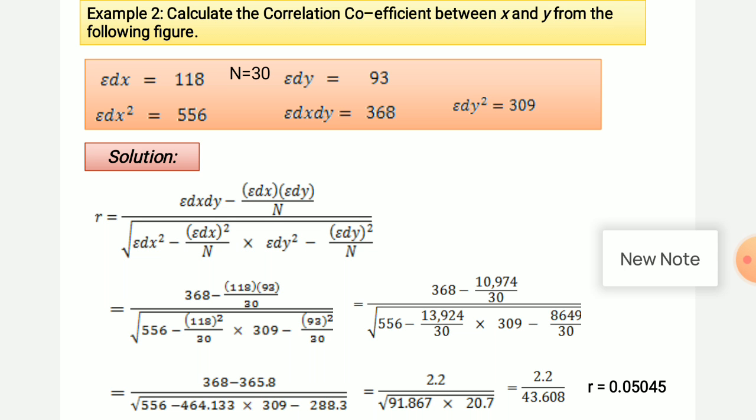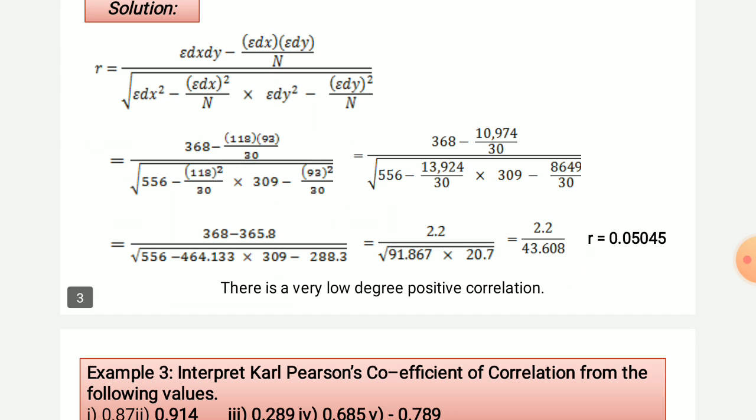Now 368 minus 10,974 divided by 30 gives 365.8, divided by root of 556 minus 13,924 divided by 30, that gives us 464.133, into 309 minus 8,649 divided by 30, that is 288.3.